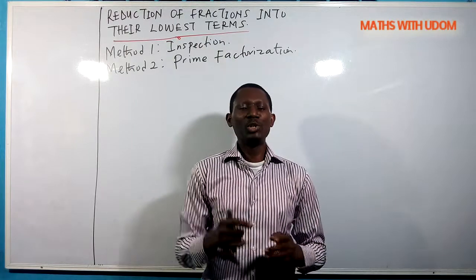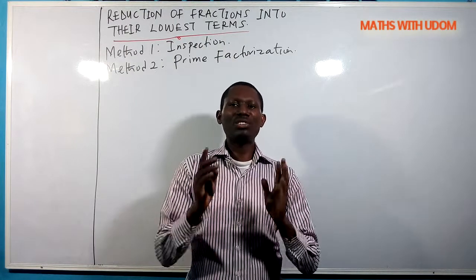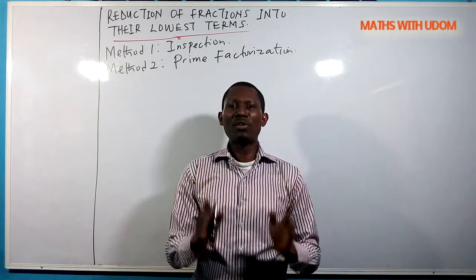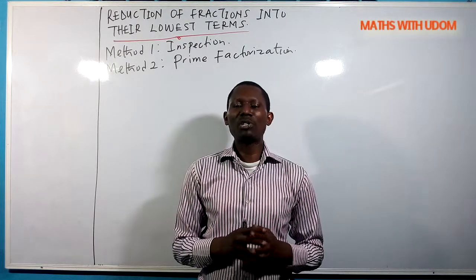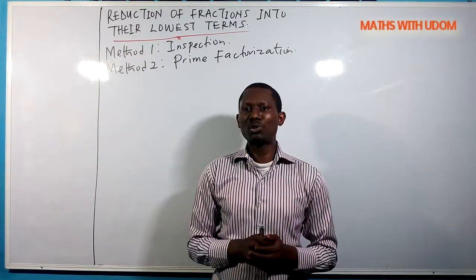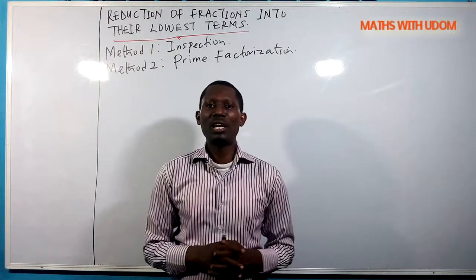And thirdly, you repeat the process until there are no more common factors that can go through both numbers. That is how to do the inspection method.